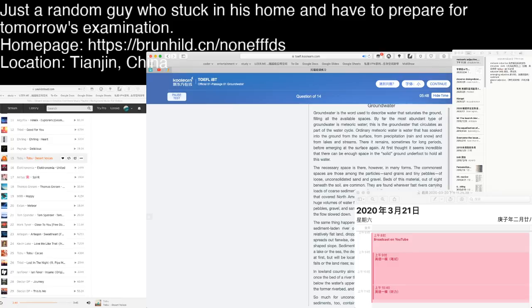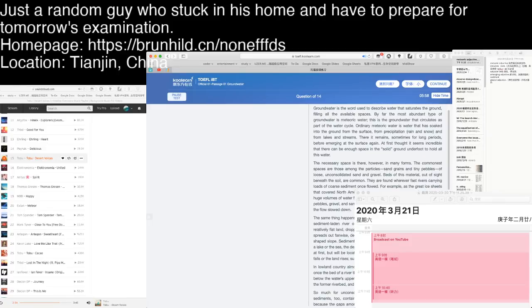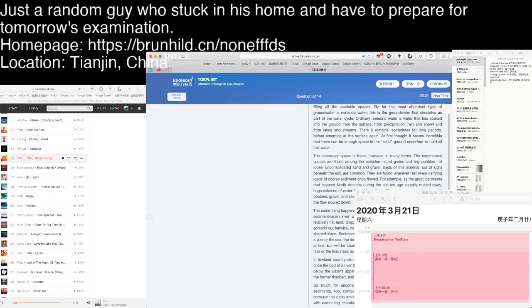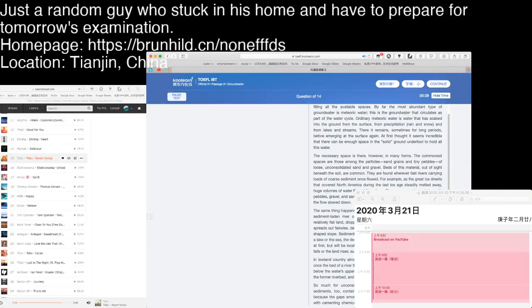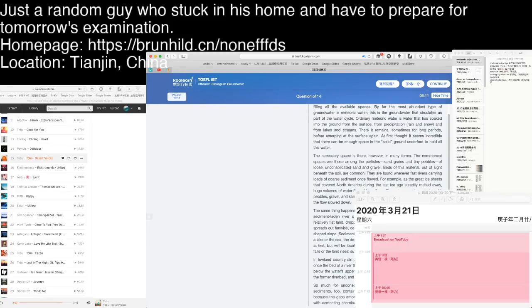There was sediment that was deposited as the flow slowed down. The same thing happens to this day, though on a smaller scale. Whenever a sediment-laden river stream emerges from a mountain valley onto relatively flat land, dropping its load as the current slows, the water usually spreads out fan-wise, depositing the sediments in the form of a smooth fan-shaped slope.